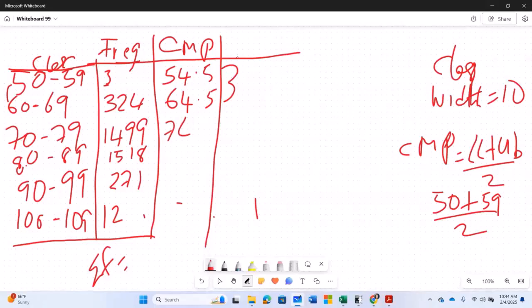So 74.5, 84.5, 94.5, because I know the distance between them is 10, and 104.5. So I have found all the class midpoints.